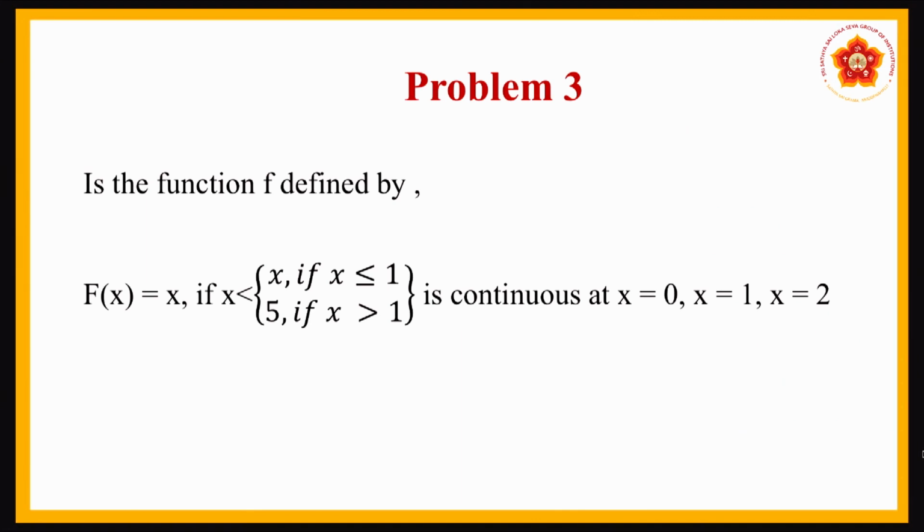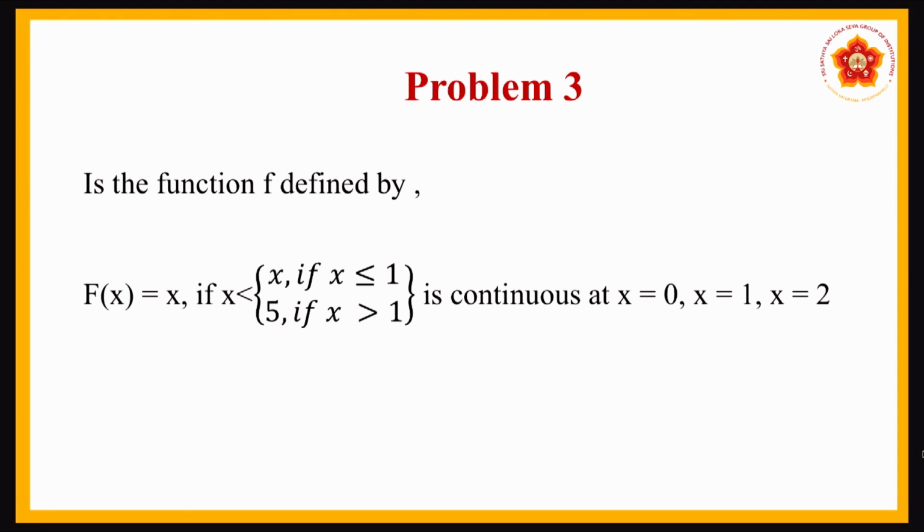This happens to be the fifth problem. He is asking, is the function defined by, how does he define the function? f(x) equal to x if x is less than or equal to 1, and it is 5 if x is greater than 1.